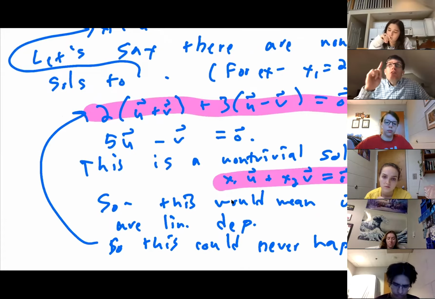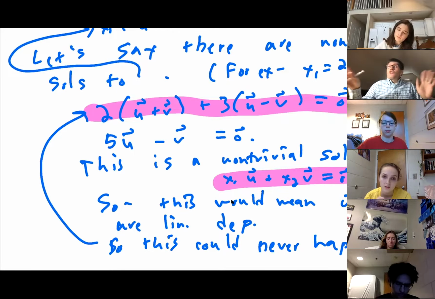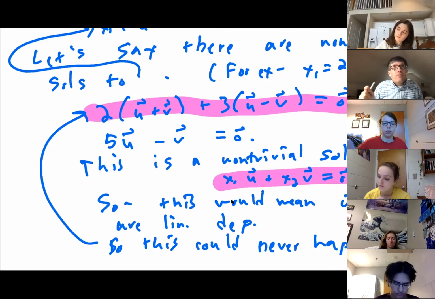But we know that u and v started out linearly independent, and what linear independence means is that the only solution is 0 and 0. So there would be no 2 and 3. The only solution to that can be 0 and 0, because if there was anything else, Carrie, that would lead to something like this second pink highlighted thing. And we know that never happens.